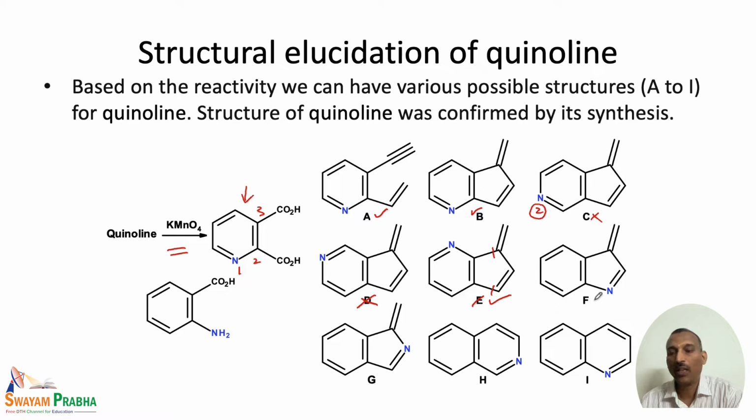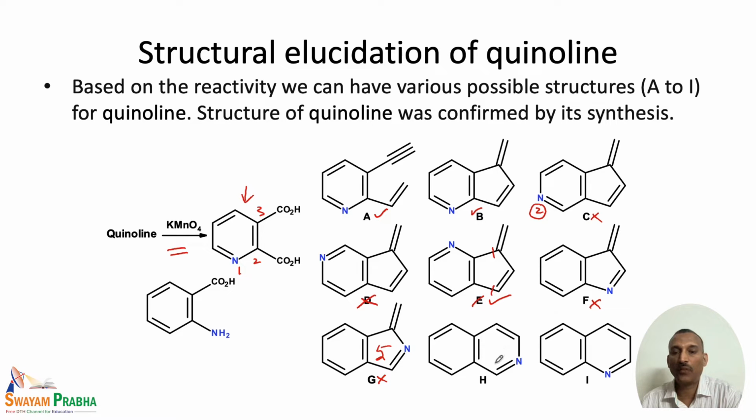So even though these are possible structures where the nitrogen is on the 5-membered ring, this cannot be the structure for quinoline, because oxidation of this will not give pyridine 2,3 dicarboxylic acid. So F and G are not possible, where the nitrogen is in the 5-membered ring.